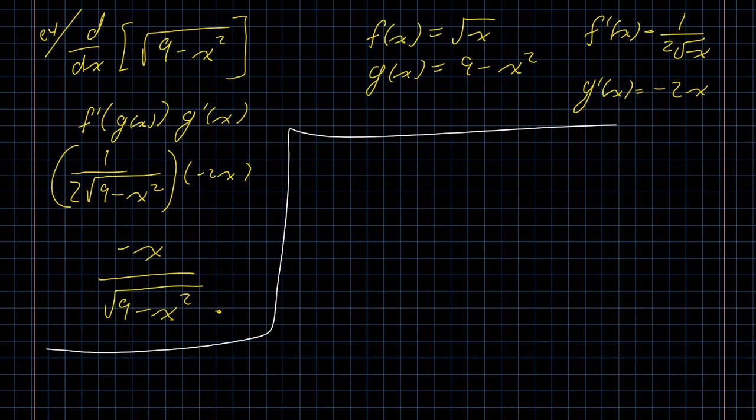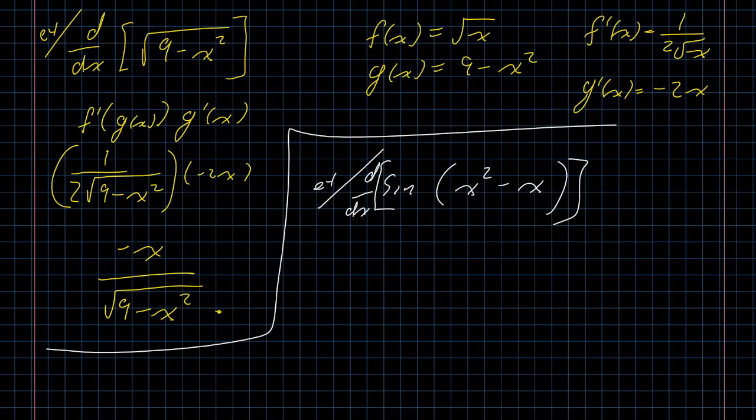I've got plenty of space over here. Let's look at one more example: sine of x squared minus x, and we want to take the derivative of this thing.